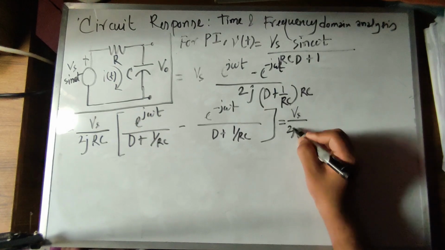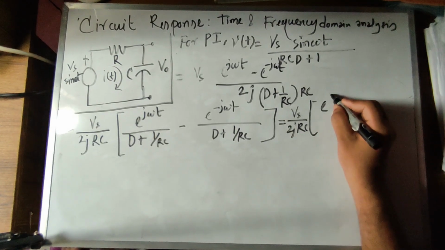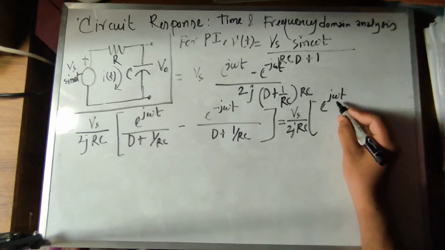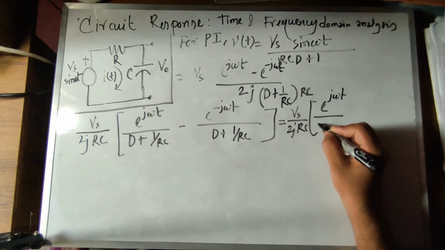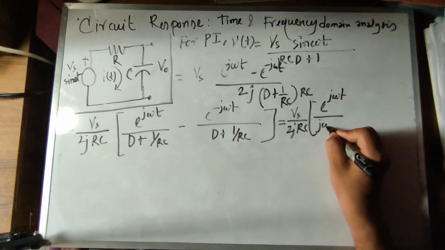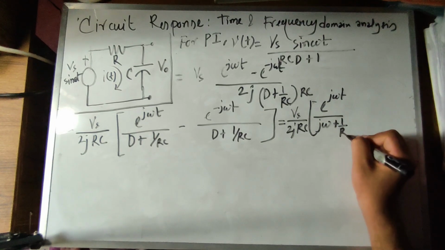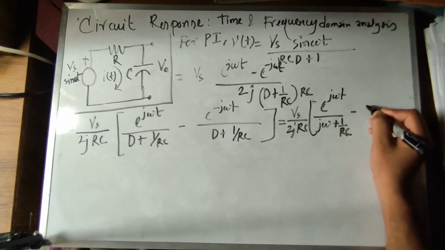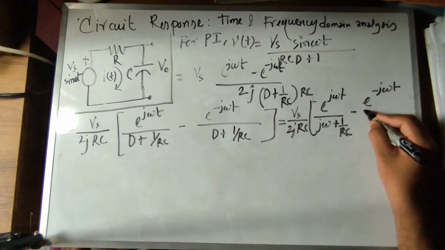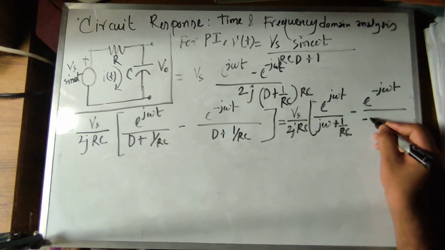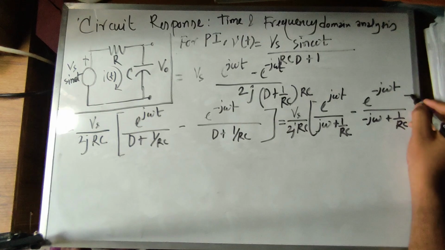For e to the power j omega t, this j omega will replace D, so we get e to the power j omega t by j omega plus 1 by RC, minus e to the power minus j omega t by minus j omega plus 1 by RC.